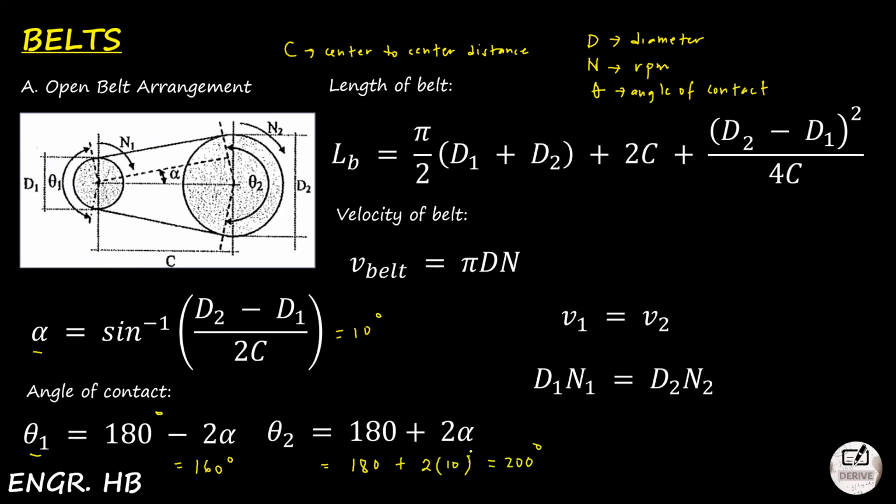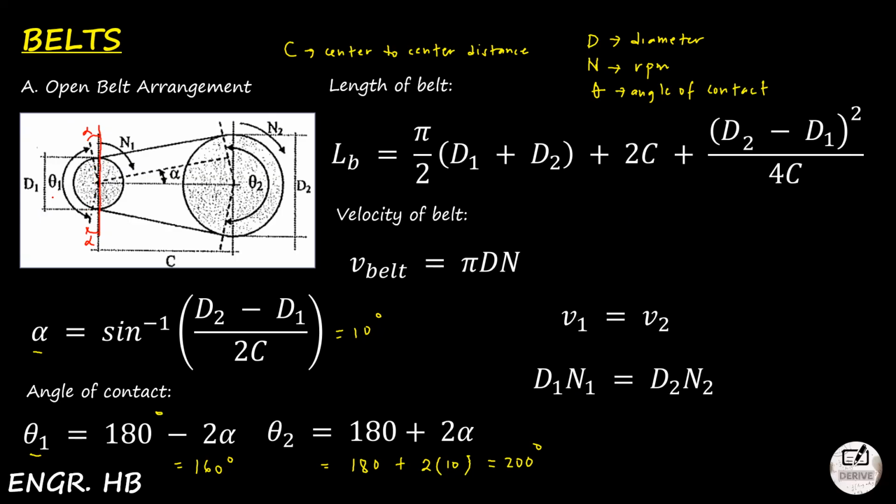And obviously, makikita mo naman, yung angle of contact talaga ng larger pulley is greater than the angle of contact of the smaller pulley. And syempre, 180 degrees na yan, isang diretso yan. Yan. Syempre, ito is 180 degrees, and ito yung alpha natin. So, bawas mo yung dalawang alpha na yan sa 180 degrees.